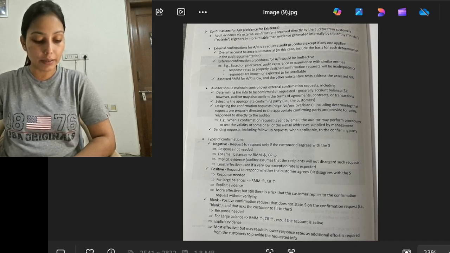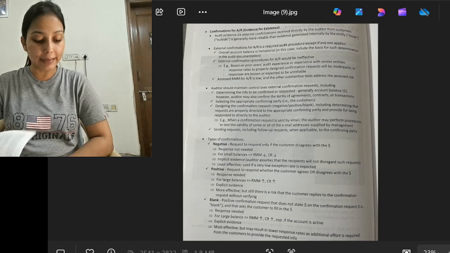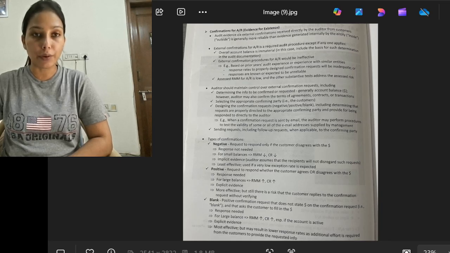Designing the confirmation request, that is negative, positive, or blank, including determining that the requests are properly directed to the appropriate confirming party, and provide for responses to be sent directly to the auditor. Also sending the request, including the follow-up request when applicable, to the confirming party. So these are the basic things that auditor should maintain control over while relying on the confirmation.